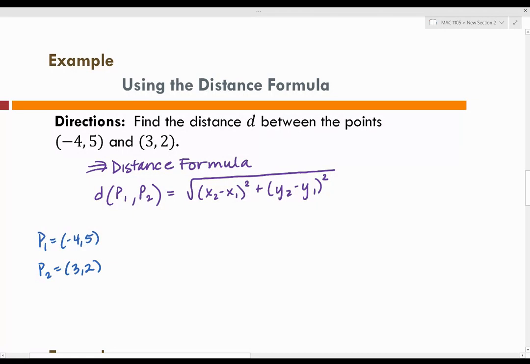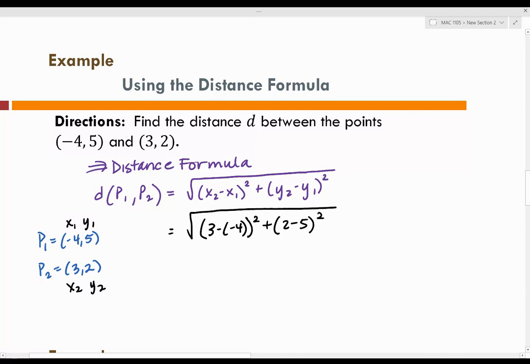Because I've made this designation, x1 and y1 have to come from point 1, and x2 and y2 have to come from point 2. So now, all I need to do is plug it into our distance formula. That's going to give me the square root of (3 minus -4) squared plus (2 minus 5) squared.